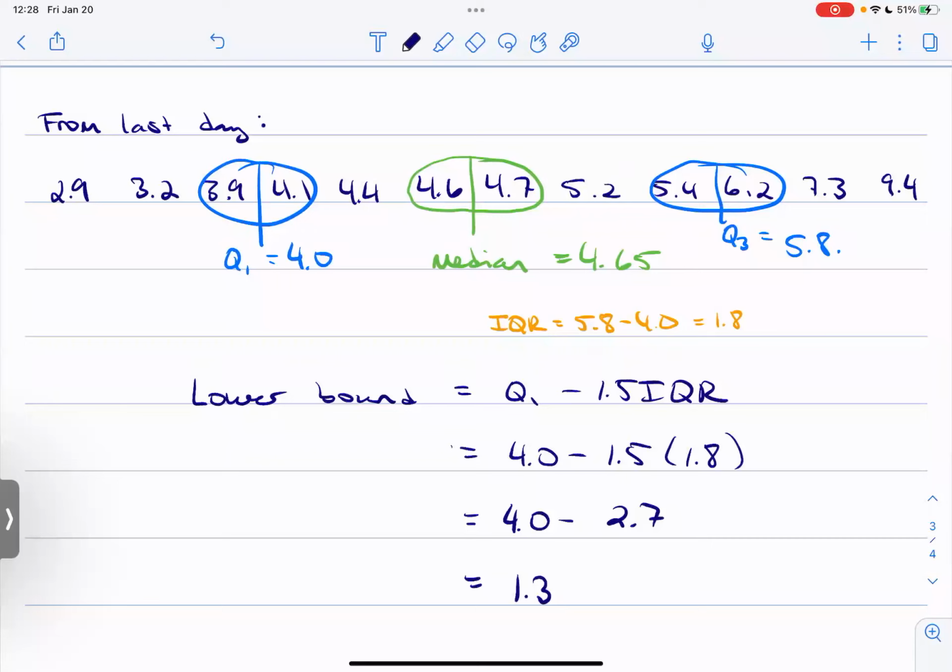Because then if I were to draw a line at 1.3, I would see that 1.3 is on the lower end, right? And so then that whisker from the box plot is drawn to either the maximum or the minimum value, or the most extreme value within the bounds. Okay, which is the maximum and minimum if there are no outliers, right?